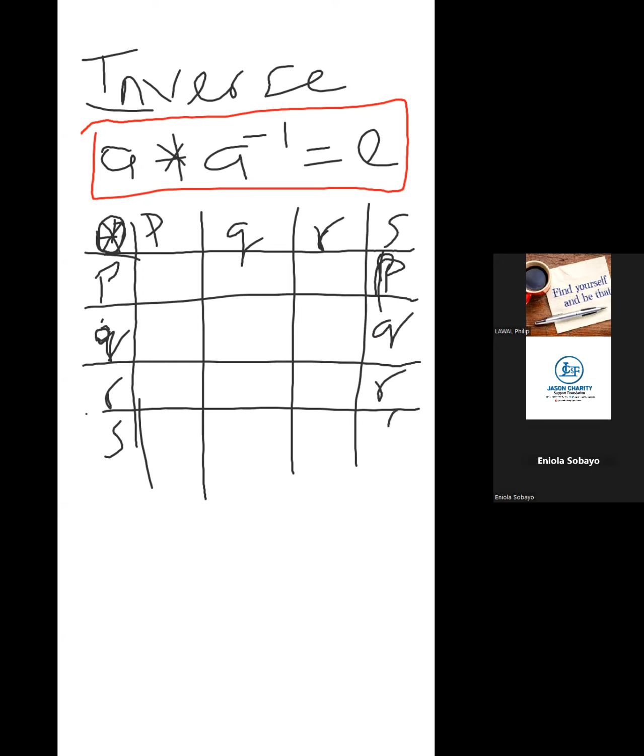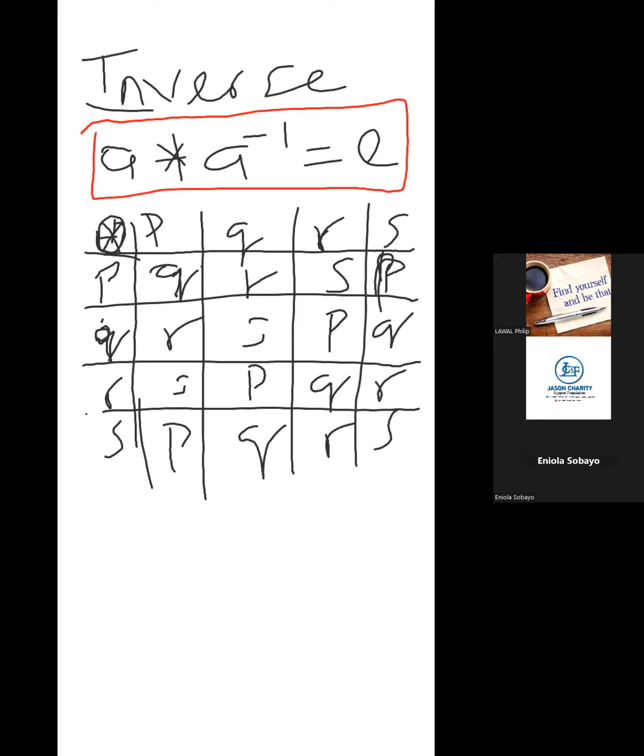Then you have Q here, you have R here, you have S here, then you have P here, then you have R here, you have S here, you have P here, and then you have Q here, and then here you have S, you have P, then you have Q, and then you have R. All right, this is what you have.